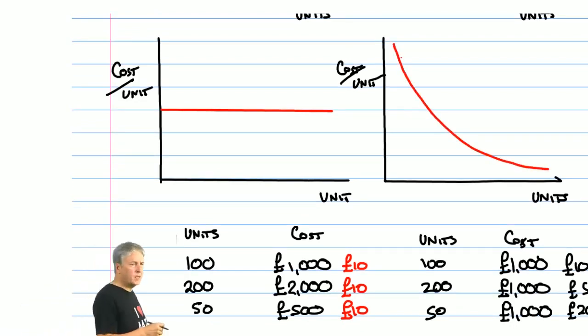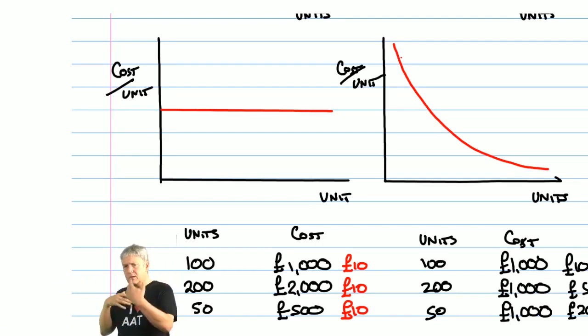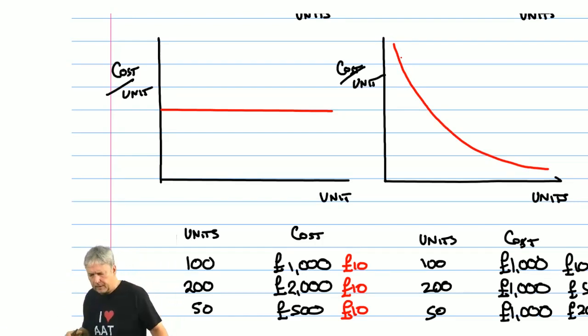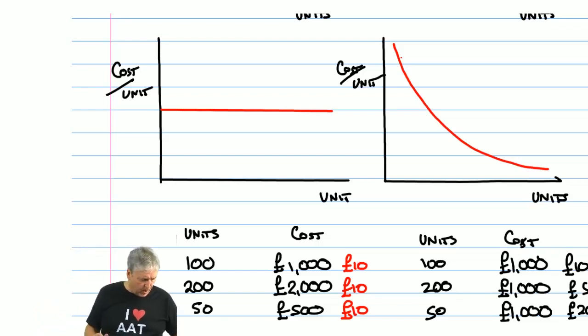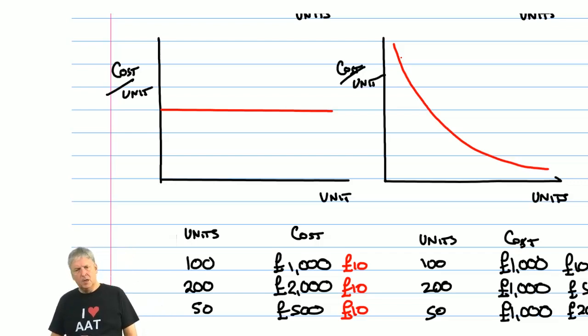We get something like that. So I suppose you could see it's the economies of scale or something like that. But the higher the volume, the more by which the units reduce in price. So, okay, this is pretty simple stuff. We've got our fixed, we've got our variable, and we're keeping it nice and simple.